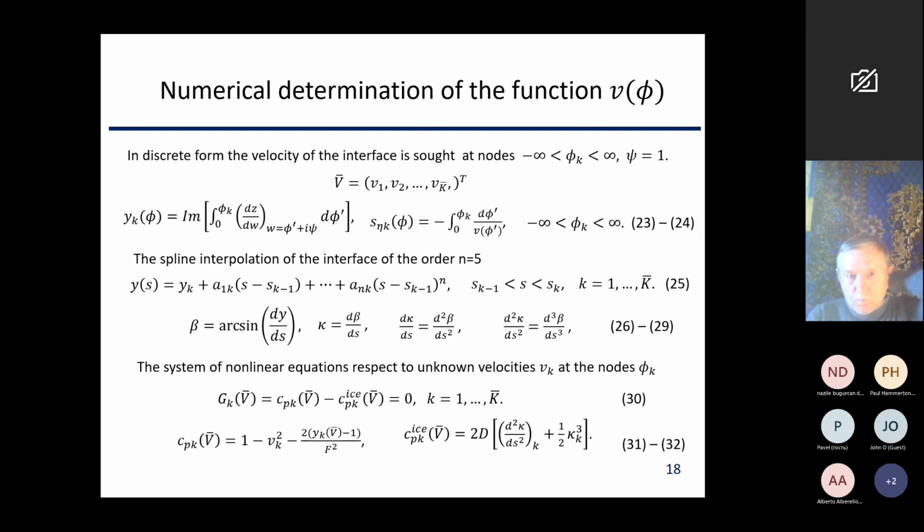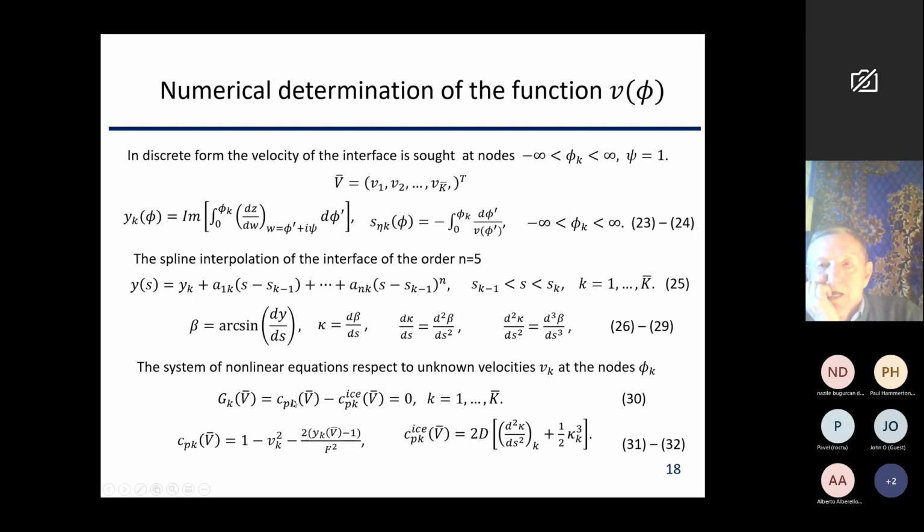As we computed the shape of the interface, we can approximate it by spline to evaluate derivatives, curvature, and higher derivatives of the curvature. Finally, we can calculate the pressure due to the elastic sheet at node K of the interface, and determine the pressure from the liquid side.